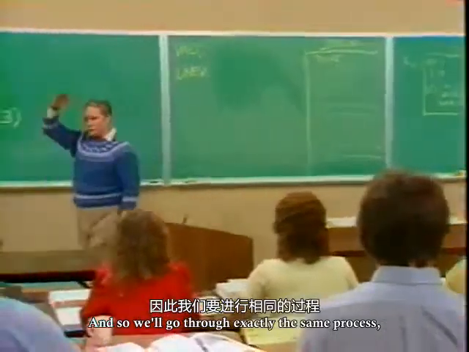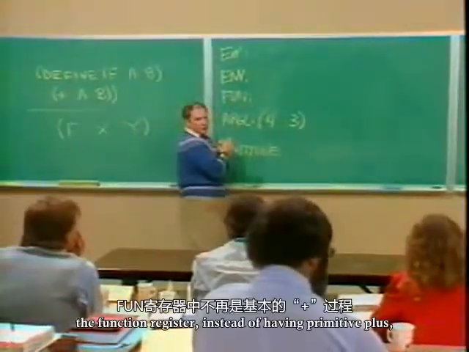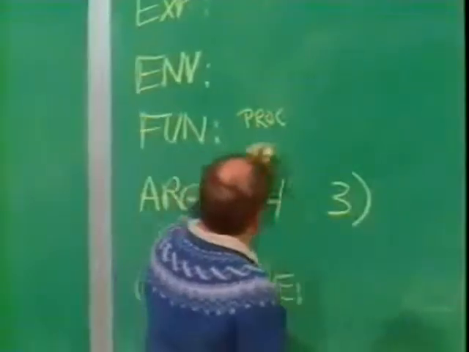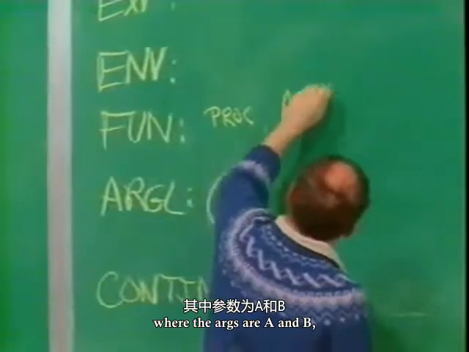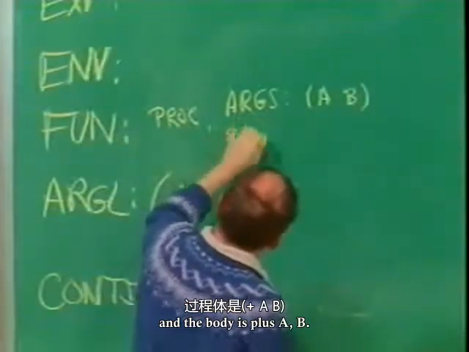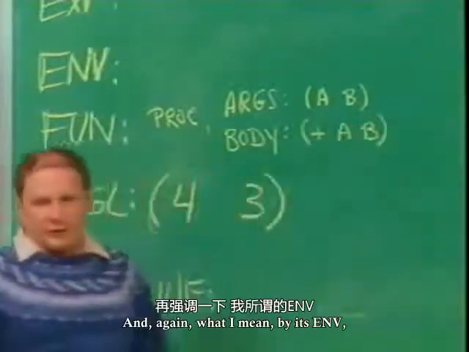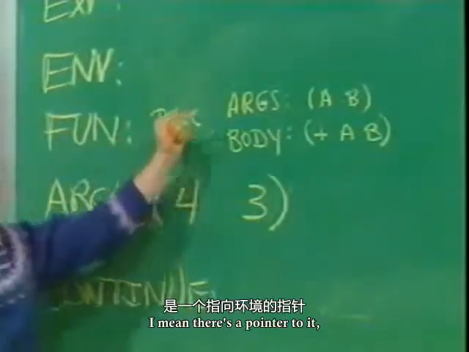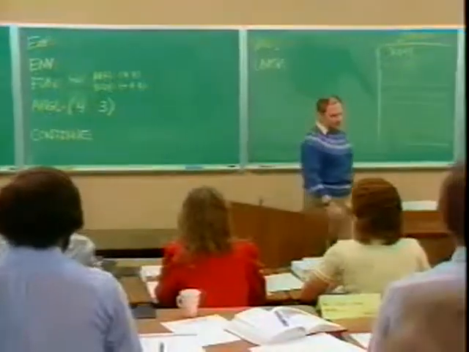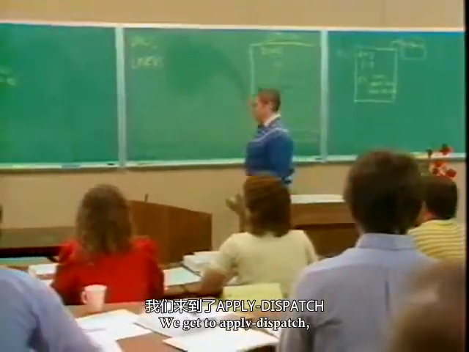So we'll go through exactly the same process, except this time when we end up at apply dispatch, the function register, instead of having primitive plus, will have a thing that we represent as saying procedure, where the args are A and B, and the body is plus A B. And by "it's in it," I mean there's a pointer to it. So don't worry that I'm writing a lot of stuff there. There's a pointer to this procedure data structure. Okay, so we're in exactly the same situation when we get to apply dispatch.